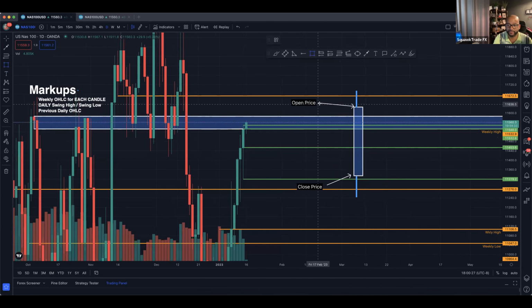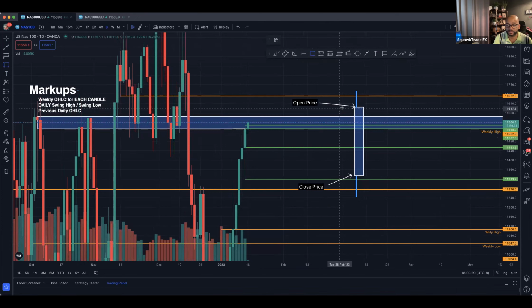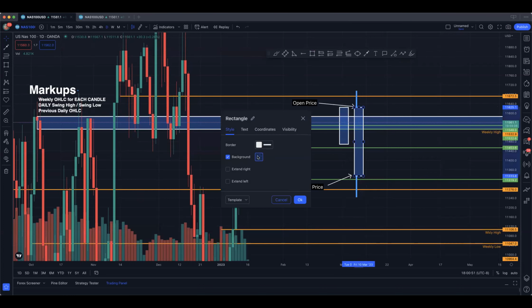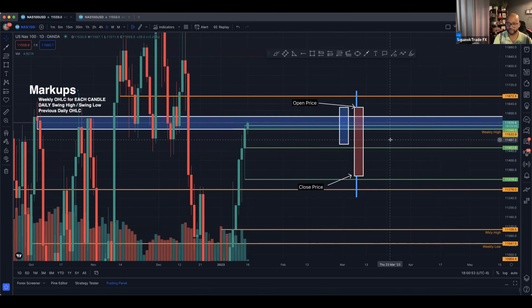That means that we had to have had a candle that closed here on a previous day, right? So there's another candle that may have looked like this. But we know if this is open price, that same price level is close price from the previous day. Are we in agreement? Yes. I'm going to color this red. Price moves down.